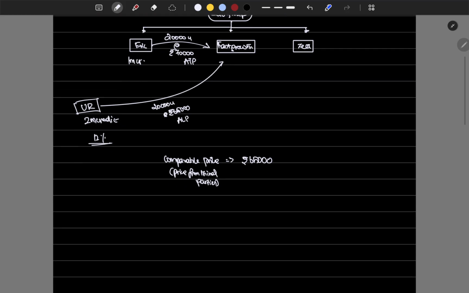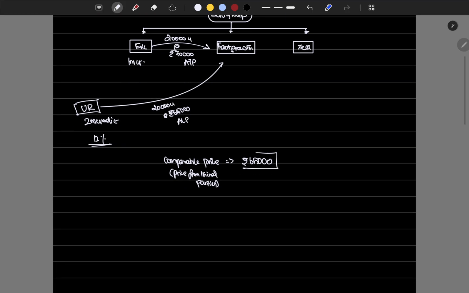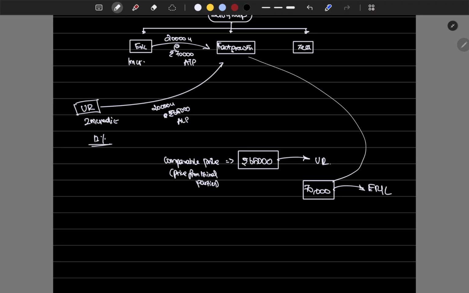Here he is paying 65,000 to the unrelated party, but 70,000 to the related party, Eric. So he is paying excess to reduce his total income.